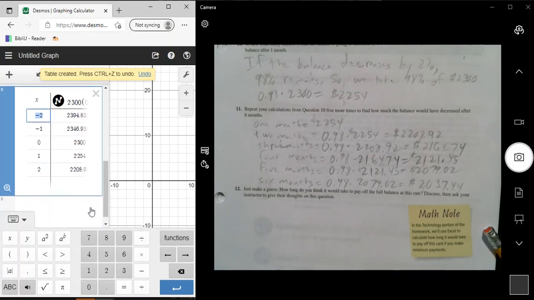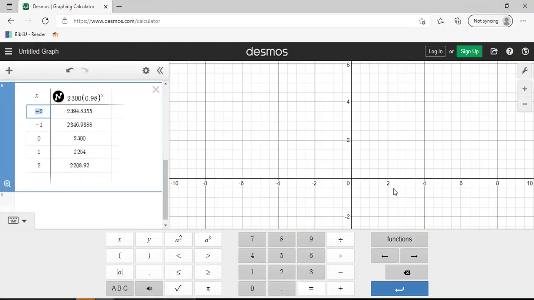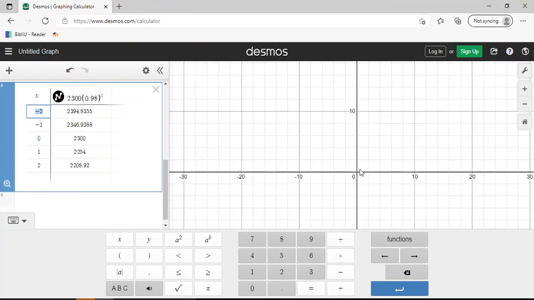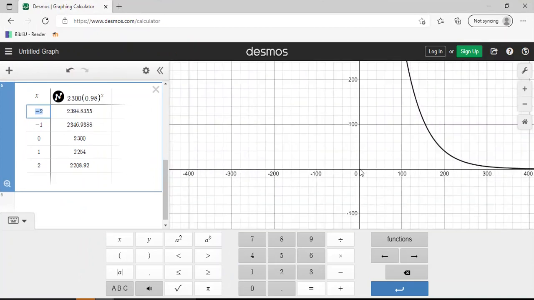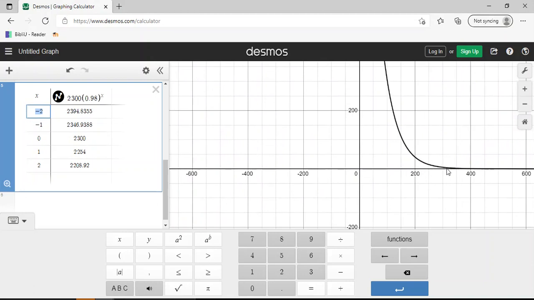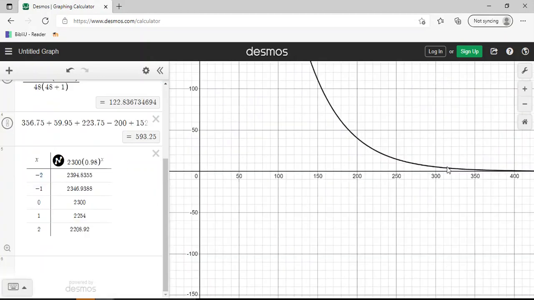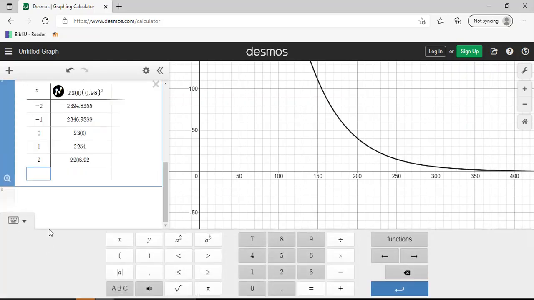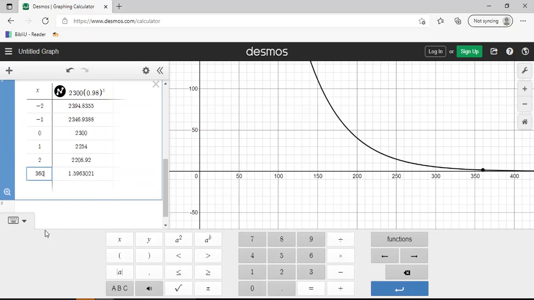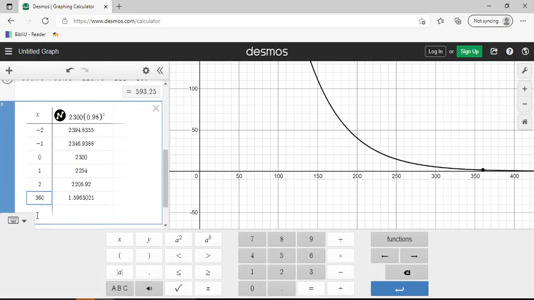Now remember, we're trying to find basically how long it would take to pay off the balance. Now if we scroll here a little bit, just want you to see the visualization. We look here, we notice that it's going to be between 350 and 400. So let's try 360. Well, let's go back. 300.